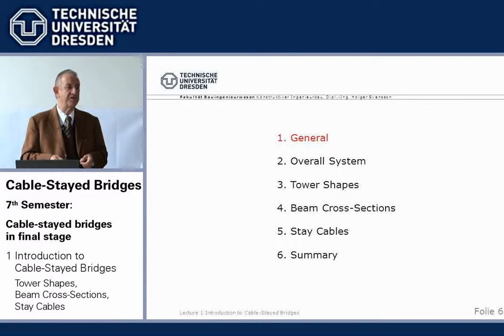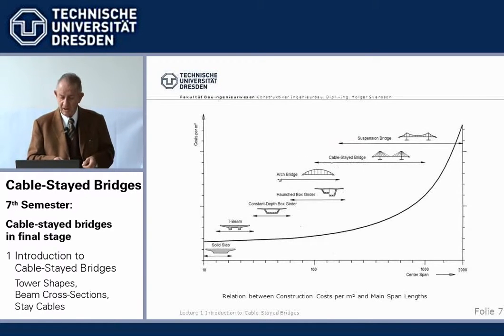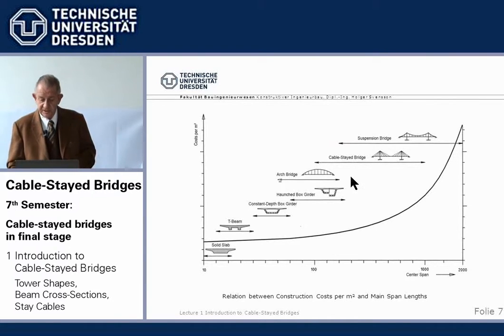So this first lecture should give you then the basic idea, what is a cable-stayed bridge, what are we talking about? Where is a cable-stayed bridge positioned in between the other bridges?